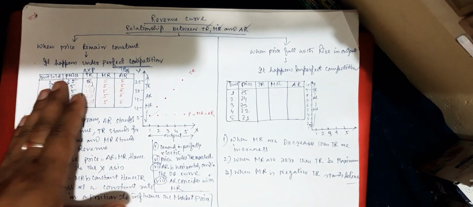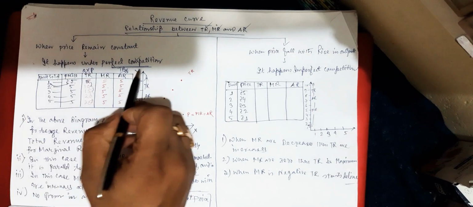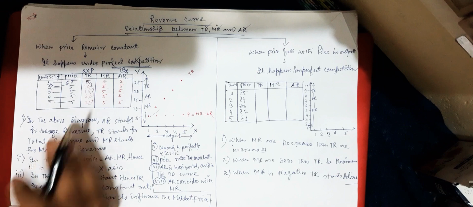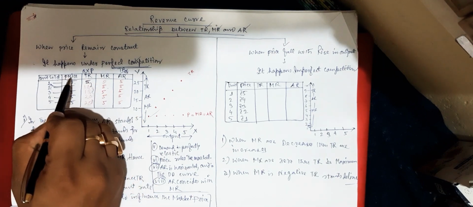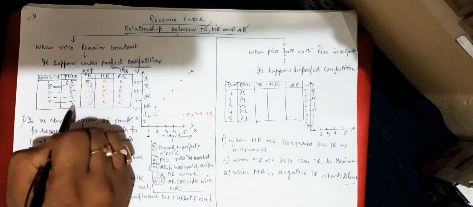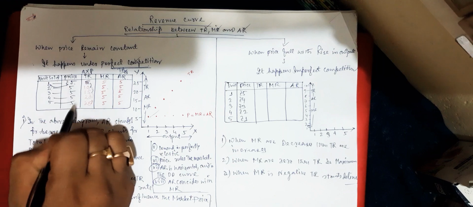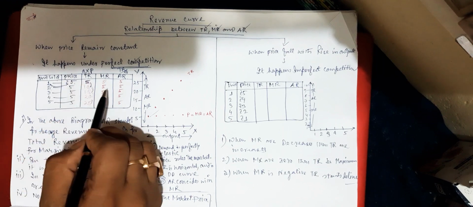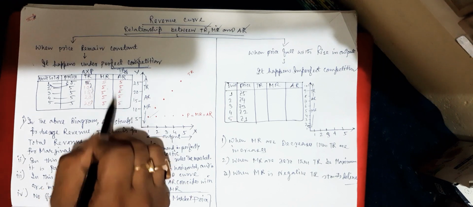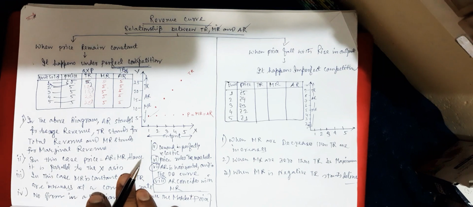Now from that table we understood that in the perfect competition market, TR is different, but price equals MR equals AR. In every unit sold, all the prices are the same, the marginal revenue is also the same, and the average revenue is also the same.